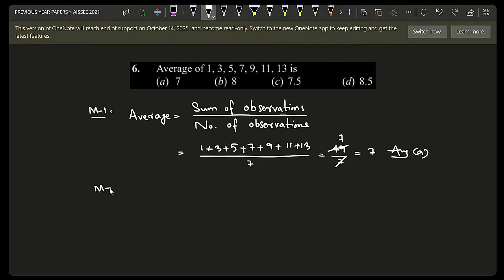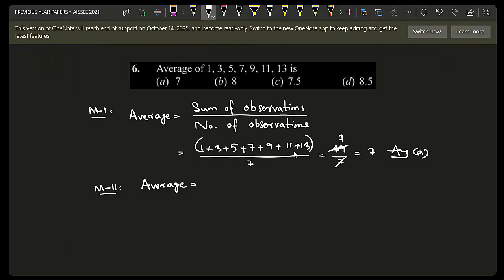But I don't suggest solving it like this. Method number 2. We can find the average again by the same formula, sum of observations by number of observations, but without adding them manually. These are nothing but the odd numbers. How many odd numbers are there? 7 odd numbers, and they are the first 7 odd numbers.